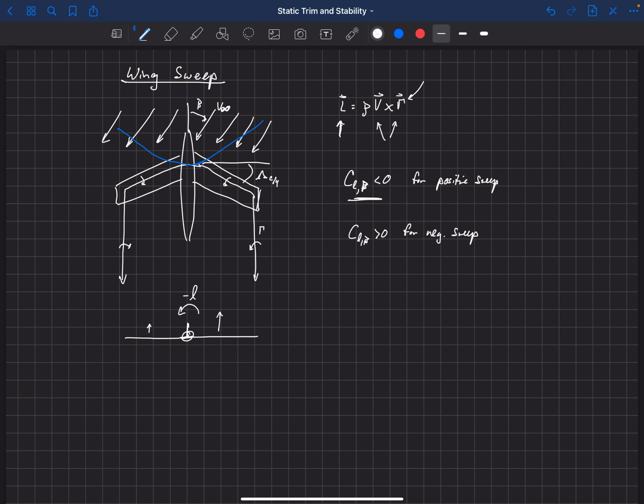So this is one reason to have positive sweep instead of negative sweep. Now there are other reasons as well, but one reason is that it contributes to roll stability. I think I said that backwards. This is why we want positive sweep instead of negative sweep. If we have negative sweep, then your sweep is actually decreasing your roll stability, where a positive sweep will increase it.